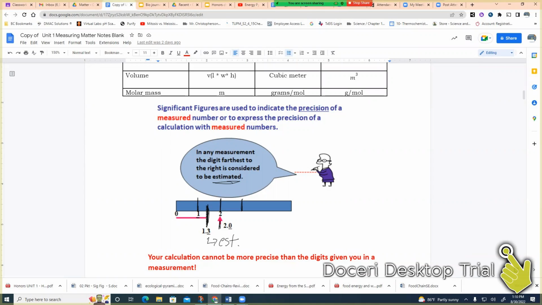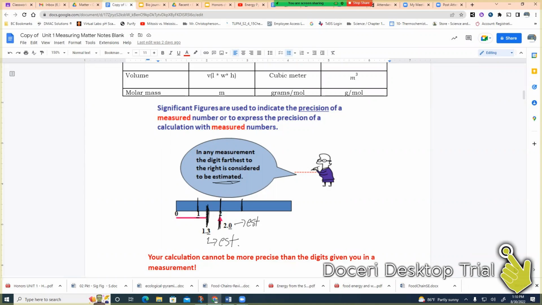Same thing. If I have 2, it's right here, my line. The only thing I know for sure is 2. The other digit is estimated. I may think it's 2.0. You may think it's 2.1. And the fact that we use measurements instead of just numbers, that's the whole reason behind sig figs.